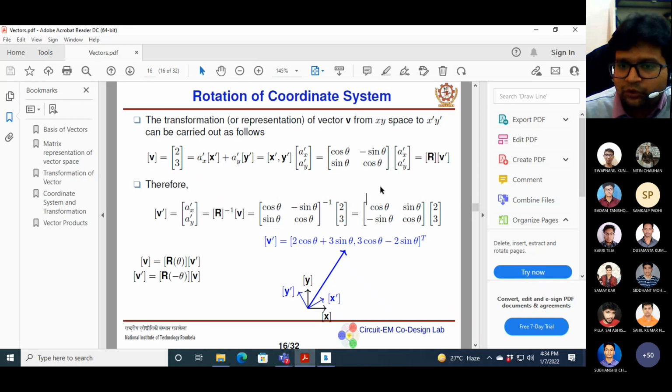So that's why they possess this property. The inverse is equal to the transpose when they are orthogonal, or you can say the matrix itself is orthogonal. Now if you do this multiplication, then you will get the representation of the same vector in the new coordinate system. So this way we can do it.